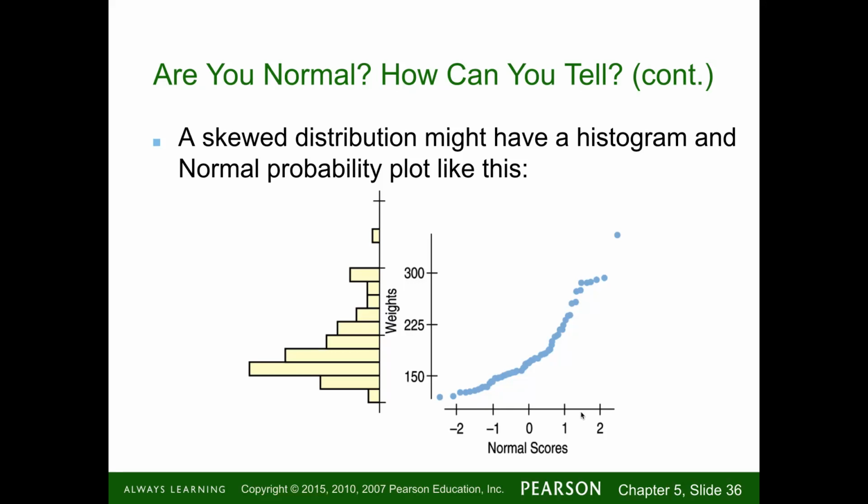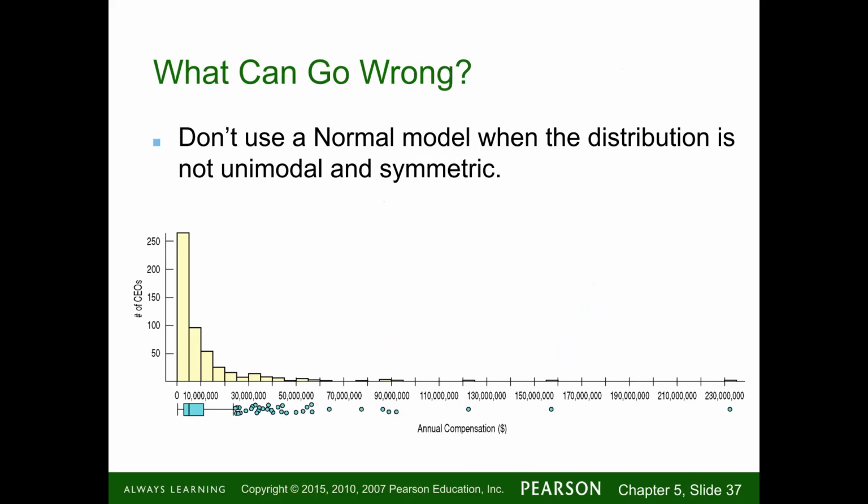And if it's a normal distribution, you'll have a straight line. If it curves, then the data's skewed. Don't use a normal model when the distribution is not unimodal and not symmetric. Normal distribution will not help you at all with this data set. There are things you could do with this data set, but this whole standard deviation mean thing is not going to work.